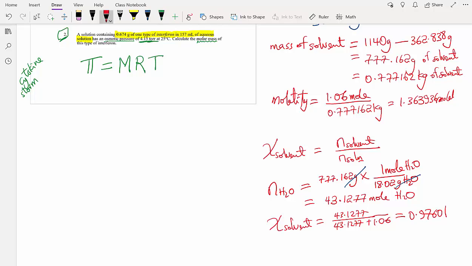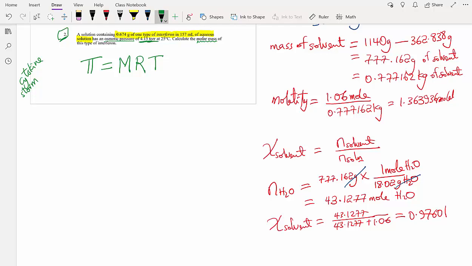So the question is, how can we use this relationship to find the molar mass of interferon? Remember, interferon is a protein. You should expect a very big molar mass. So, how do we go about this?